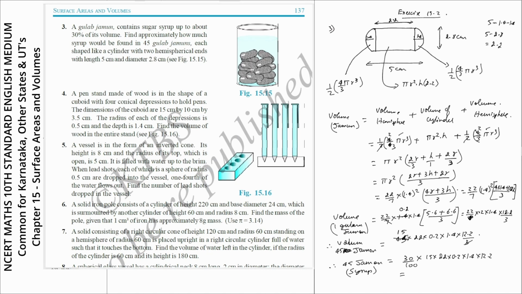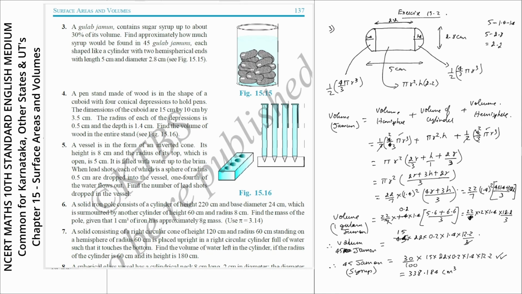So this turns out to be 338.184. This multiplication and division is left as an exercise to you. Multiply and check it out. It comes out to be 338.184 centimeter cube. Since this is a volume, the unit will be centimeter cube, as the dimensions are all in centimeter.